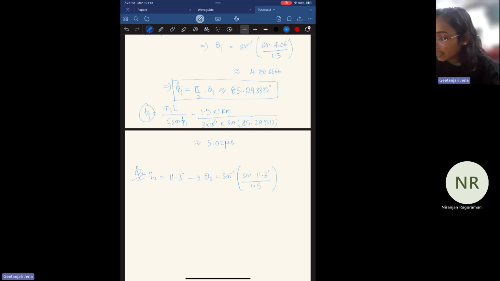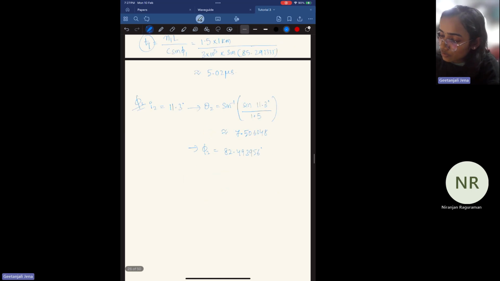And if you calculate it, it will come around 7.506048. So now phi 2 will be 90 minus theta 2, right? So this will come around 82.493956 degree. So now we have everything. So T2 we can calculate.